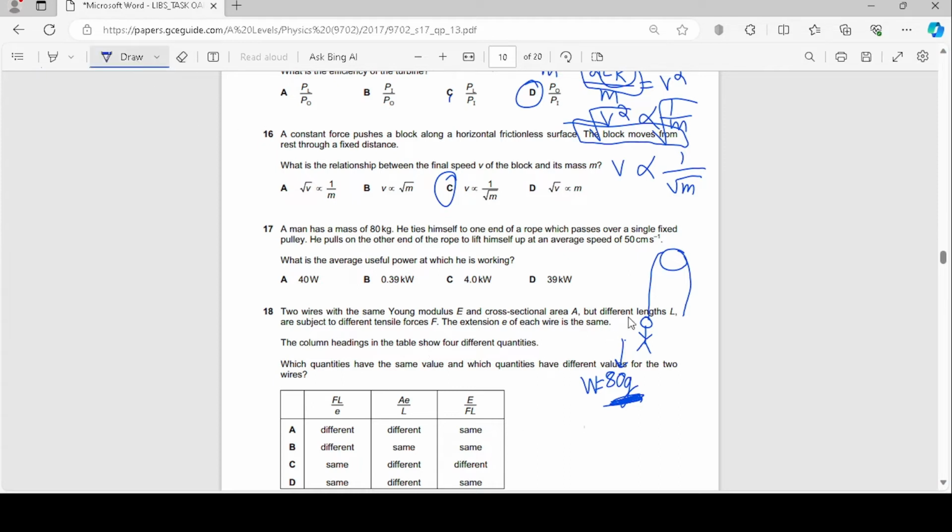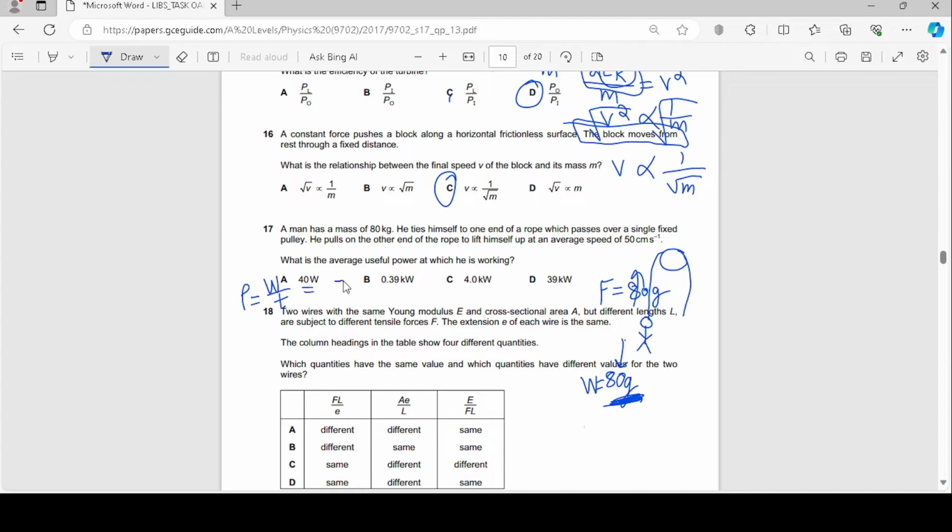Anyways, since it's average speed, when he's getting pulled up, that's also going to be 80g. So that's not W, that's the force with which he's pulling himself up. But then we also know the formula for power. Power is the work done per unit time.